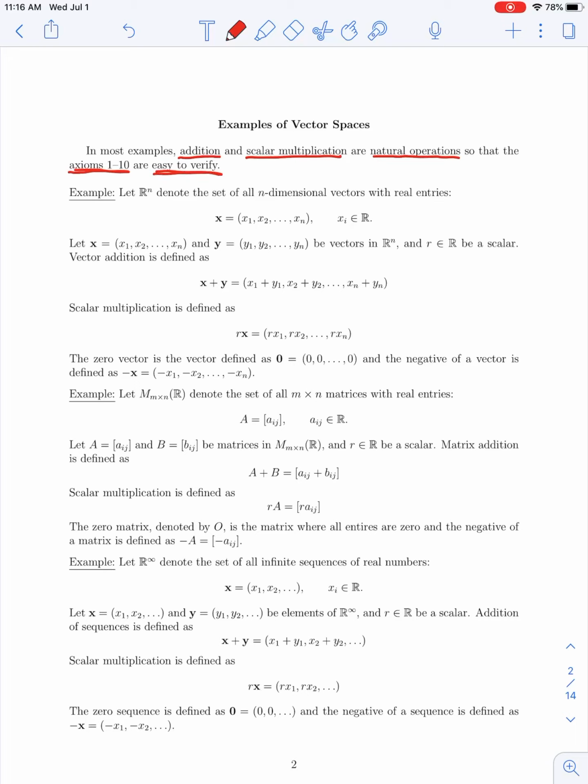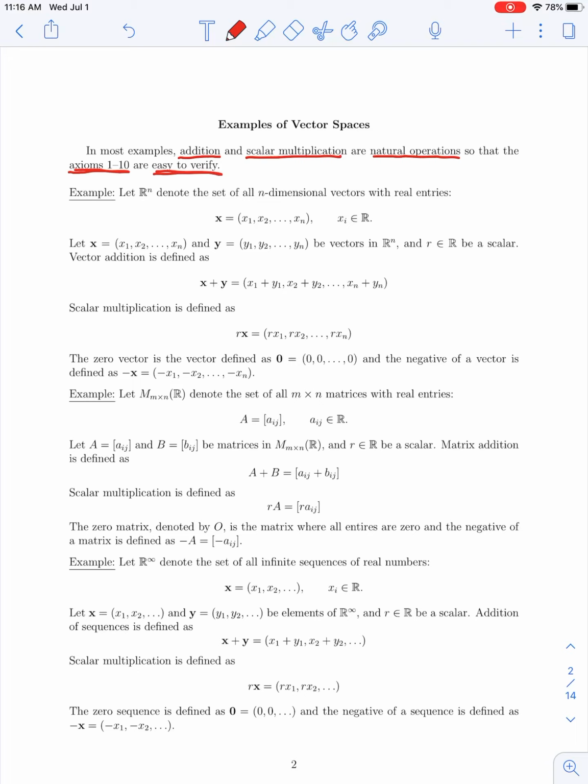We'll consider some strange examples a bit later in this section of spaces which either are or are not vector spaces that have these sort of non-standard or unnatural operations.